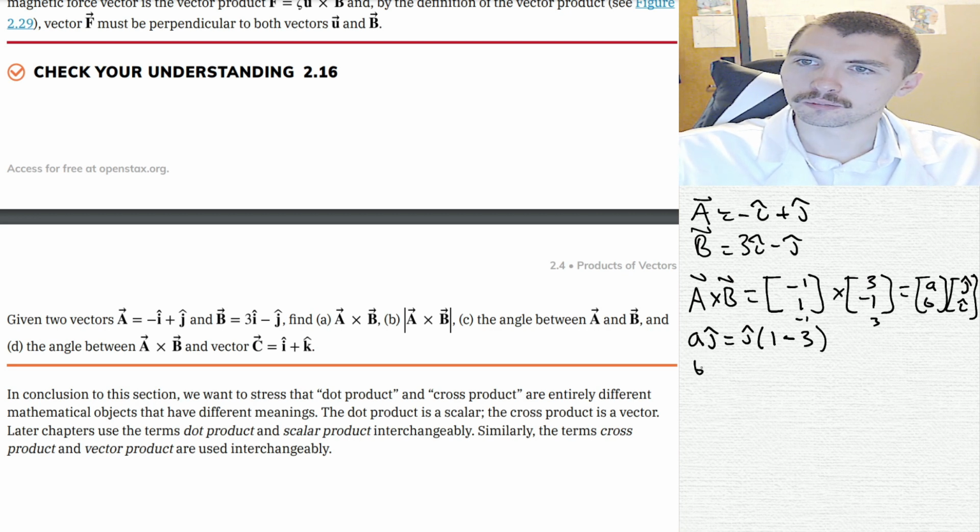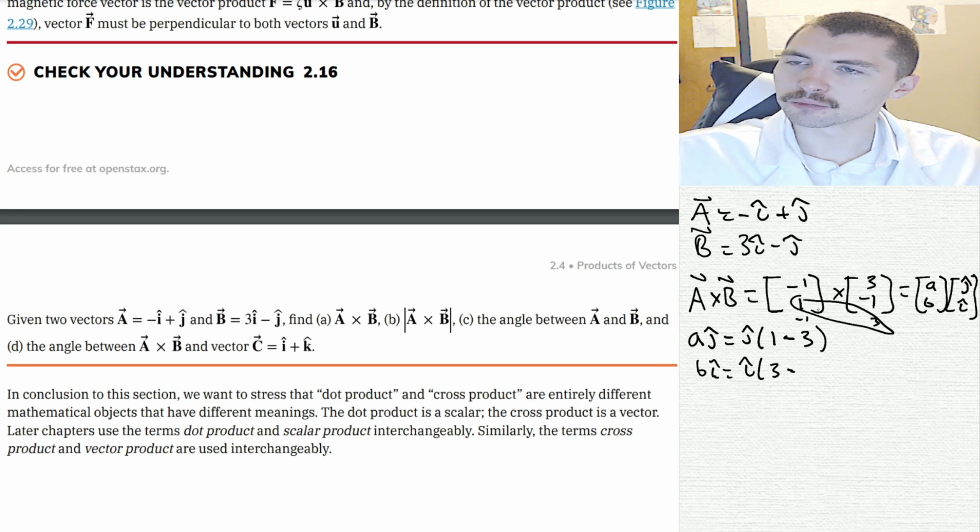And then the J hat: it's going to be 1 times 3 minus negative 1 times 3.